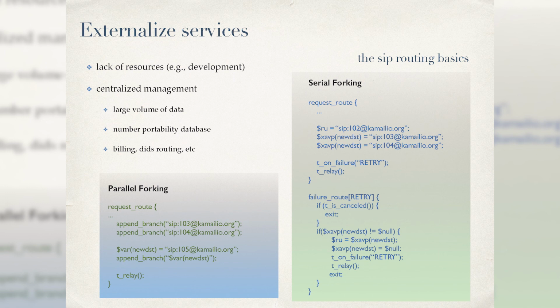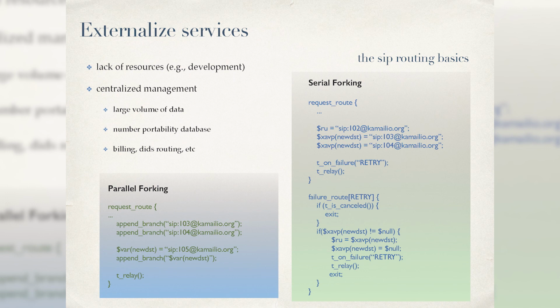So an example would be number portability. I don't know, in the US it would be that 200 million numbers database, caching that on each Kamailio and updating every hour or whatever you get the updates will be a lot of pressure on each node. So practically, you can have like a central node just focusing on this number portability.